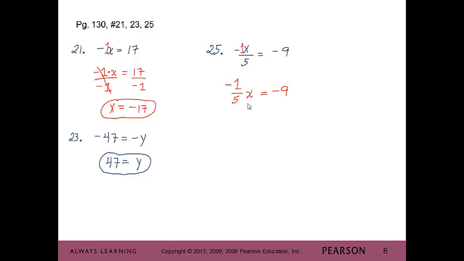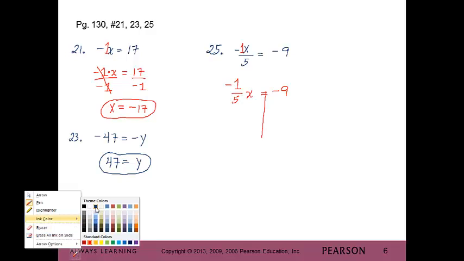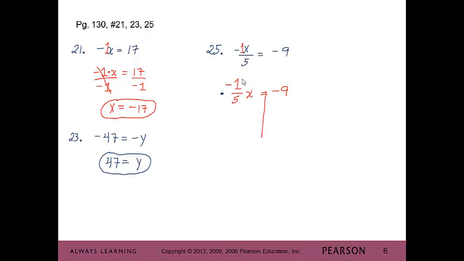Now, I need to isolate the x, which means I need to move the -1 over 5. It's multiplying x, but it's a fraction, therefore we're going to multiply by the flip, which will be 5 over -1. Make sure you do it on both sides of your equation. Your -1's cancel out, your 5's cancel out, leaving you with just x equals +45. And of course you can check it by plugging it back in.